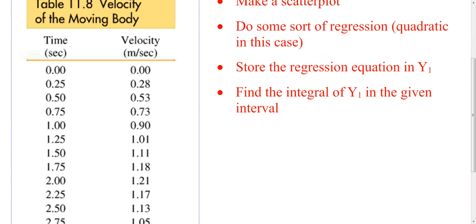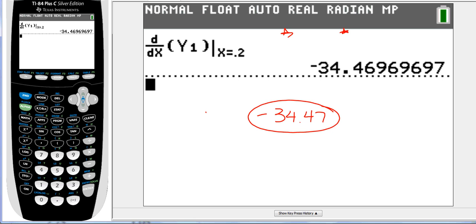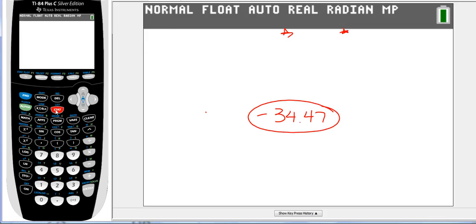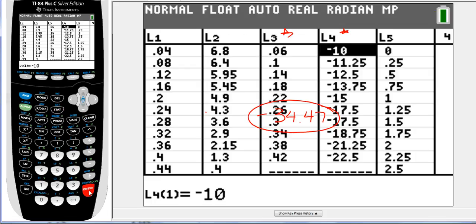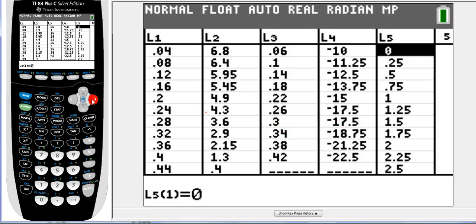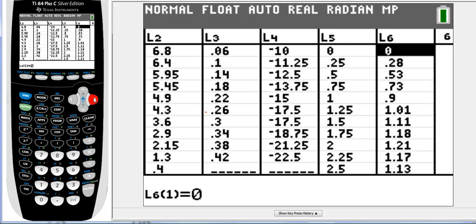First you're going to go to your calculator and put that data in. So stat, edit. I already have my data in, in list 5 and list 6, and there they are. I'm going to make a scatter plot of that.